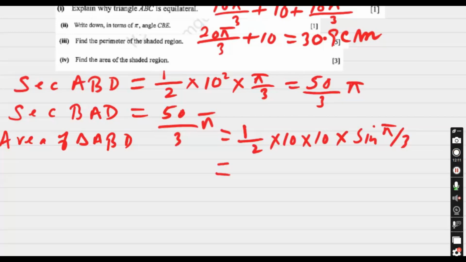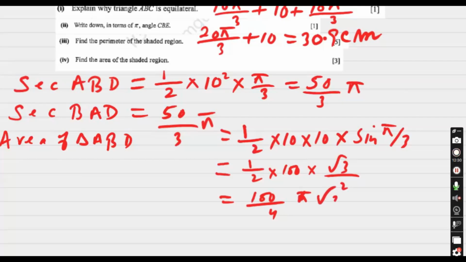You will get 1 upon 2, 10 into 10, 100. Sine pi by 3 is root 3 upon 2, or you may say 100 upon 4 root 3, or you can say 25 root 3.